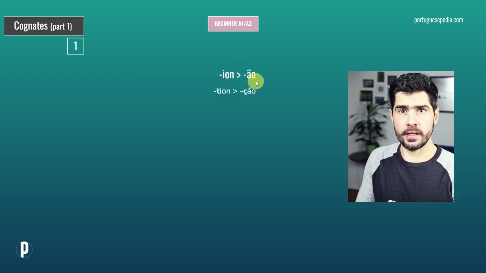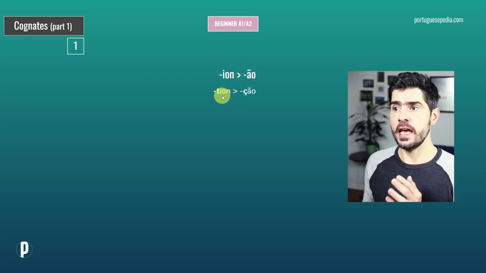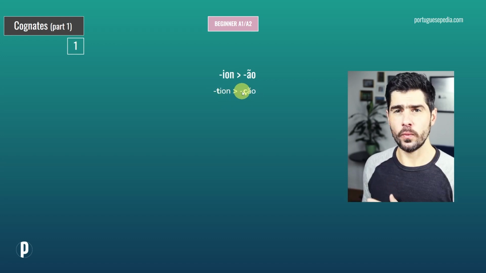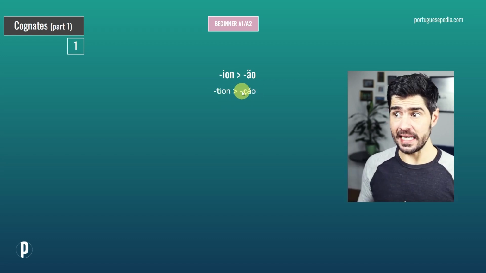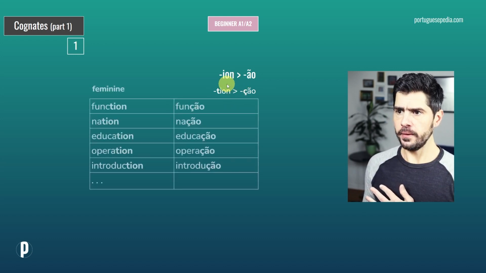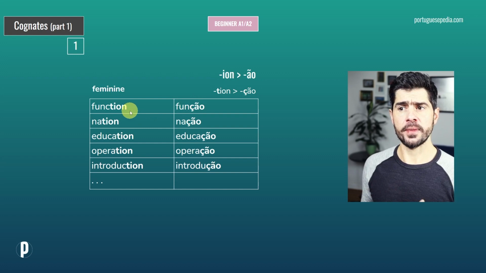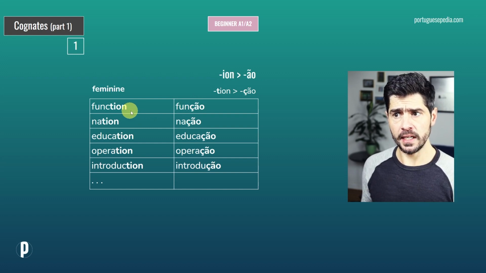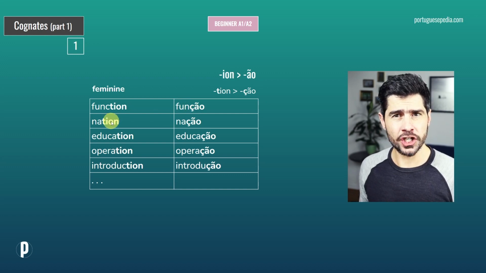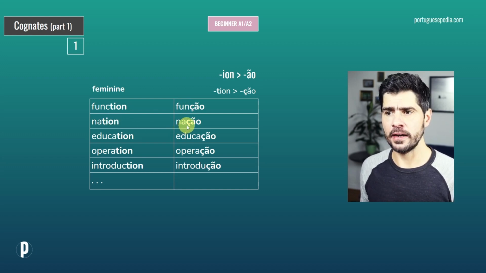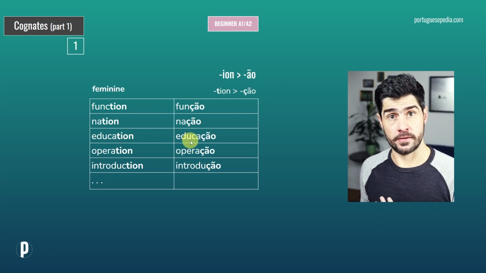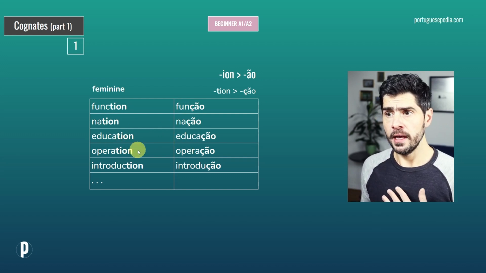And the first subgroup is the TION, shun in English, and the sound with the C with the cedilha, ção, in Portuguese. So let's see a few examples. For instance, we have function in English, and in Portuguese, função, or nation, nação, education, educação, and so on and so forth.